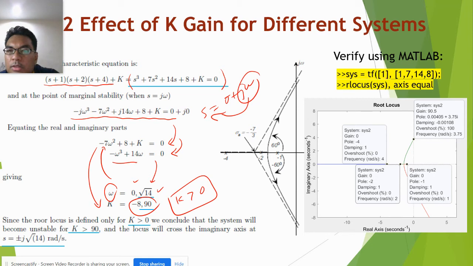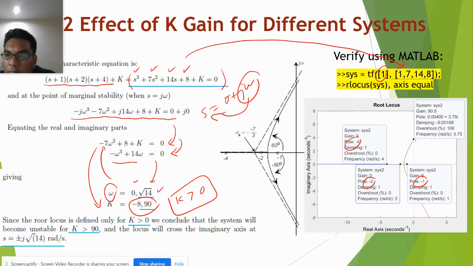The transfer function's denominator is 1, 7, 14 and 8. Okay, this is 1, 7, 14 and 8 here. You can plot this one. You can confirm there are 3 poles here: -1, here -2, and here -4.